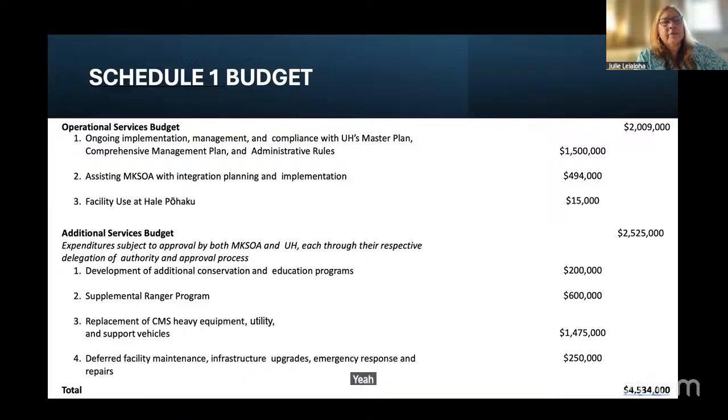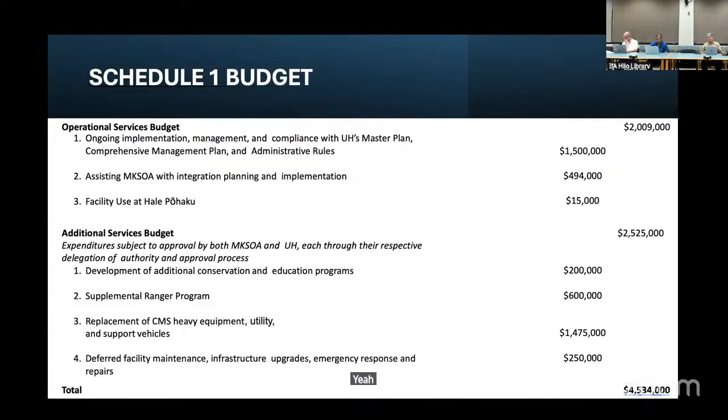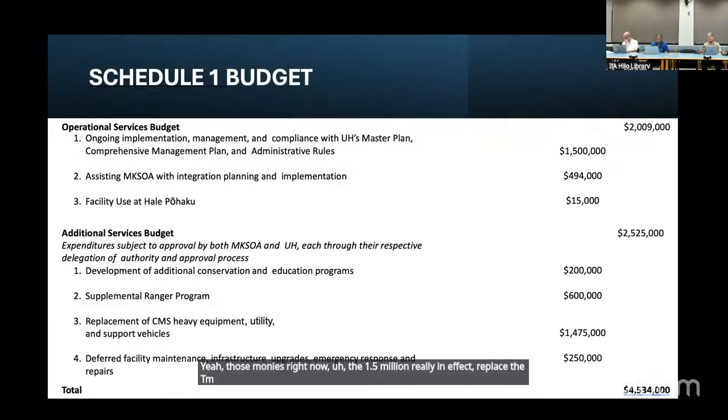Just some clarifying questions, Greg. On the operational services budget, number one, is that also including salaries for existing personnel? Those monies right now, the 1.5 million, really in effect replace the TMT rent.